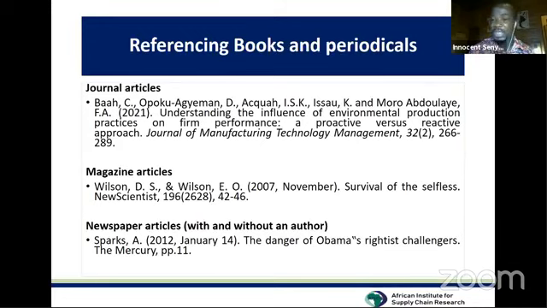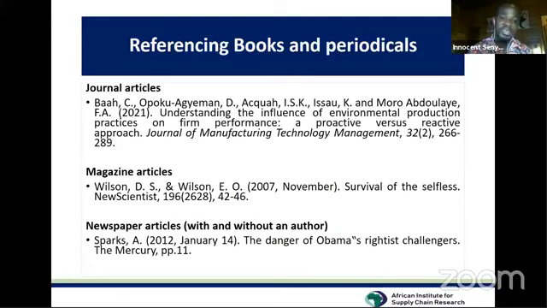The journal in which that particular article was published is the Journal of Manufacturing Technology Management. The volume for that particular journal is volume 32. It was published in issue 2, the second issue, and that particular article is on page 9 of that journal volume.